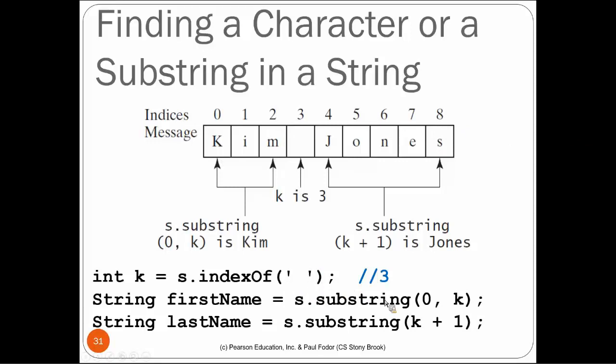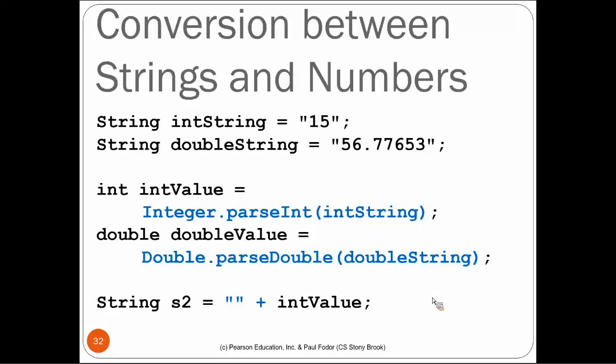If I want to split a string like "Kim Jones" into the first name and the last name, I can find the position of the space and then extract the slice from position 0 to index k and from index k plus 1 to the end of the string. These are very useful methods if you want to extract any parts from a string.